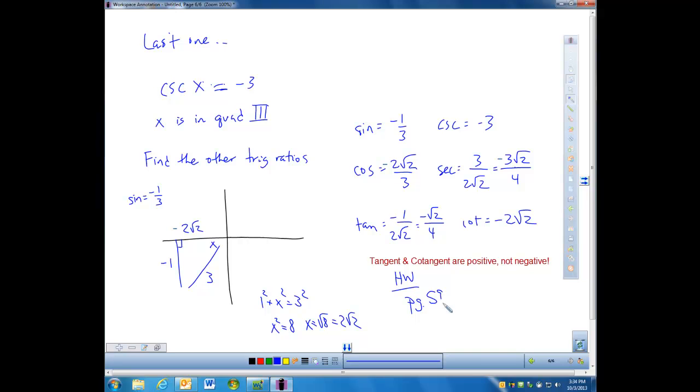Now, as I write the homework assignment down, it's up to you how much time you want to devote to this outside of class. I will give you time in class next time to practice some of these problems, but you know right now how well you understand what I've just done and how much time you need to practice this. So on page 596, I'm going to put right down here about a dozen or so problems.